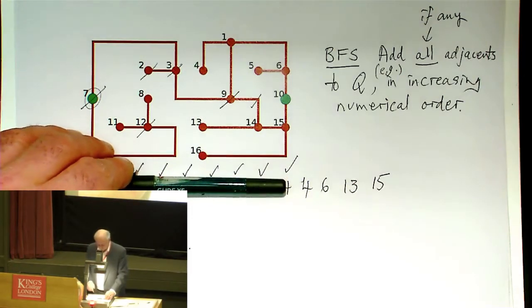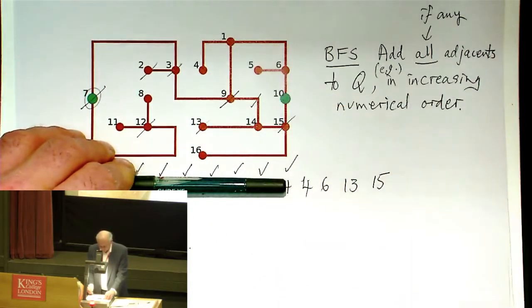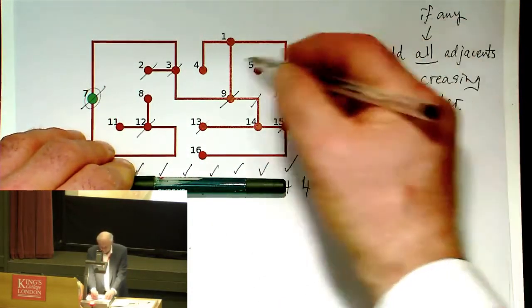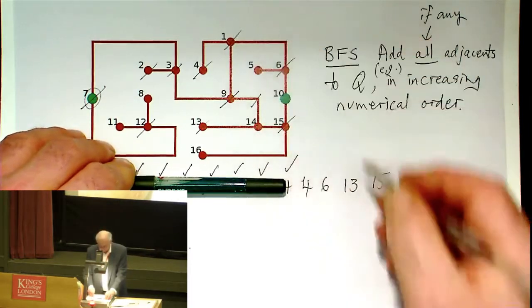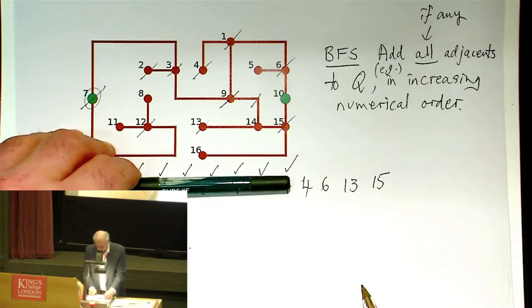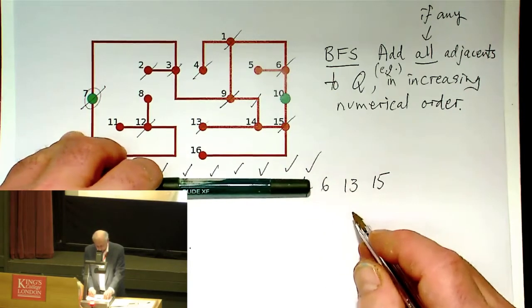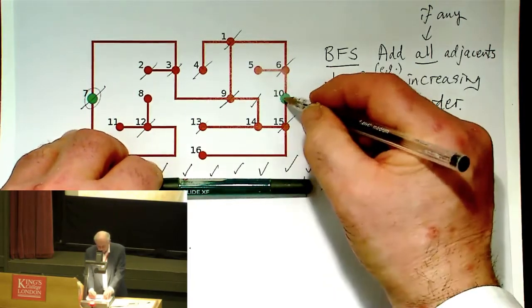So 14 has been done. I should really strike these vertices off once they're in the queue, just so I don't make a mistake. 4, nothing to be done. 6, 10 is yet to be scanned, and 5.